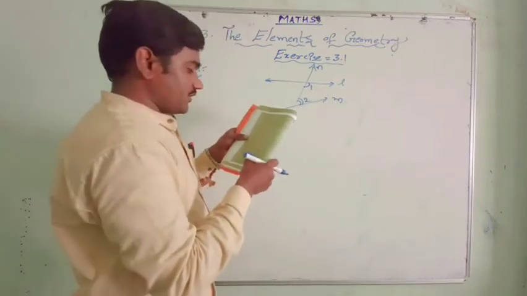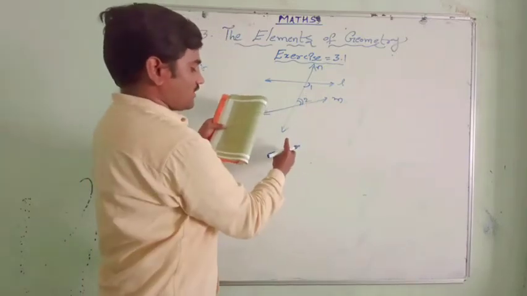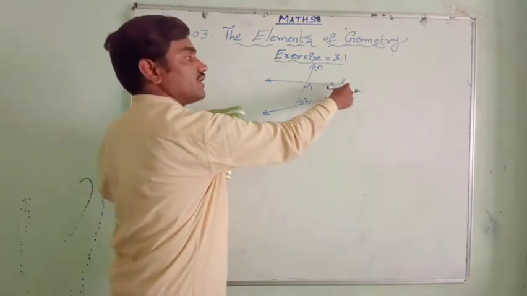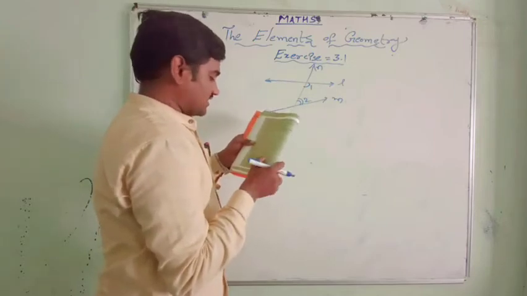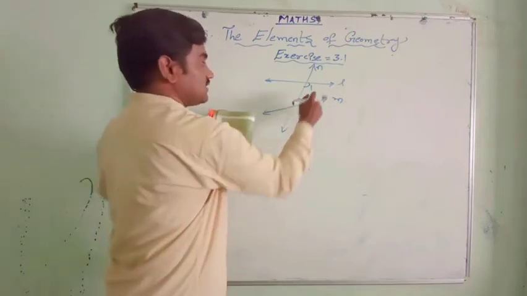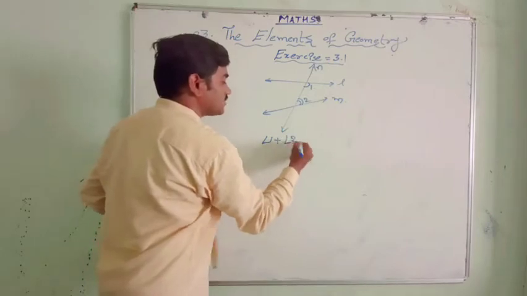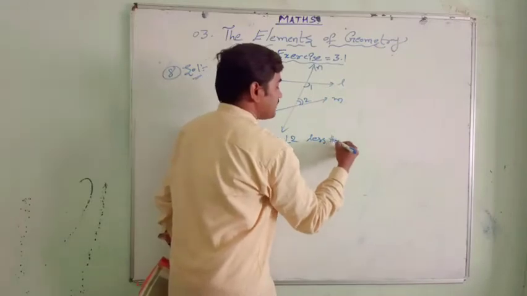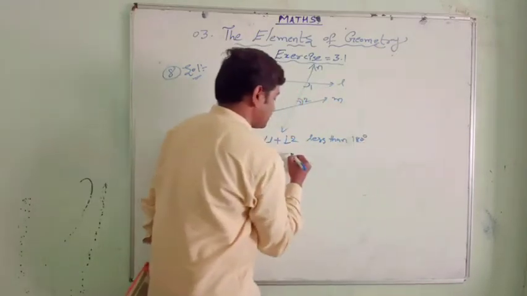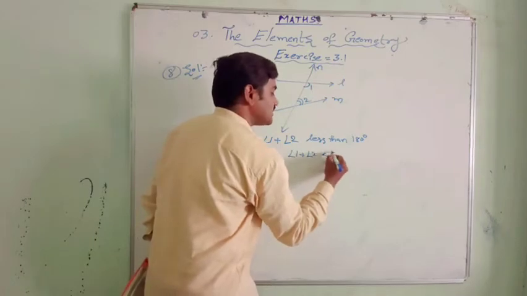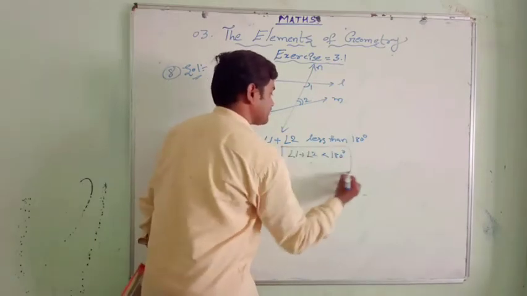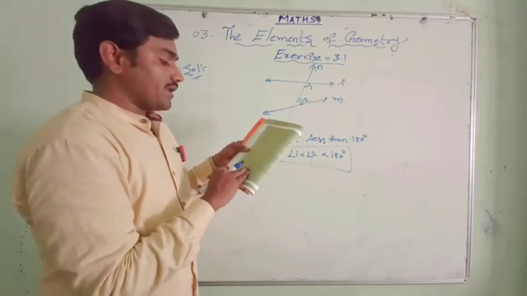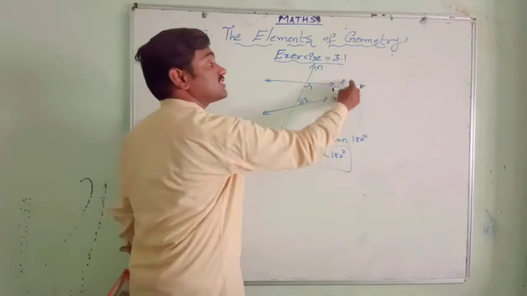In the adjacent figure, line l falls on the lines L and M, such that the sum of the interior angles, angle 1 plus angle 2, is less than 180 degrees. Then what can you say about the lines L and M?